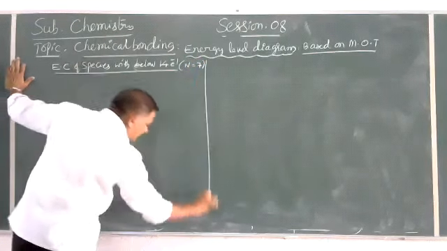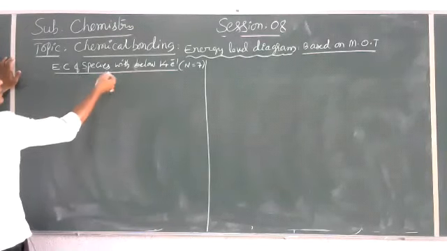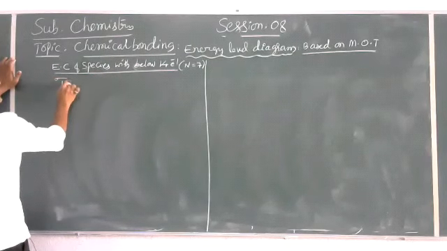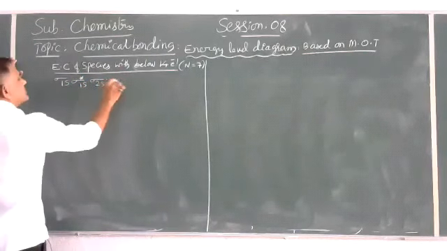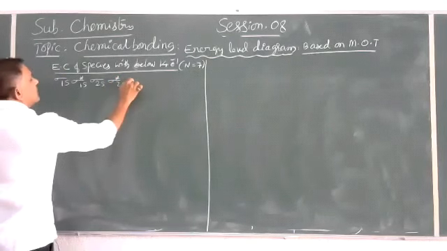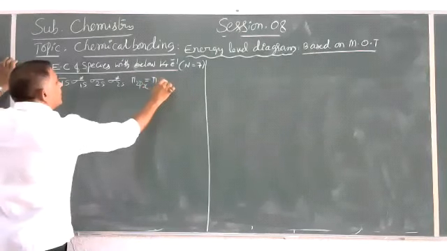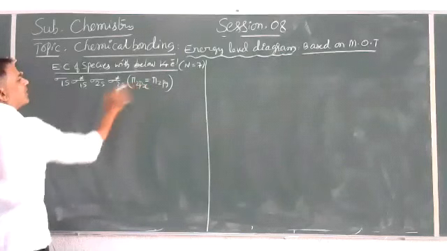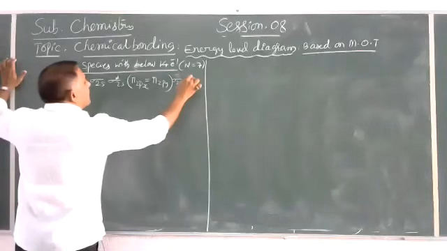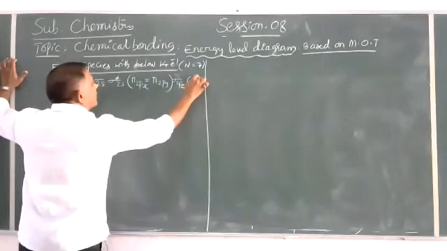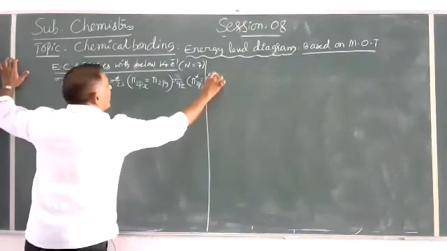In increasing order of energy: sigma 1s, sigma star 1s, sigma 2s, sigma star 2s, then pi 2px equal to pi 2py in a bracket, because both have the same energy, then sigma 2pz, then again in a bracket pi star 2px equal to pi star 2py.